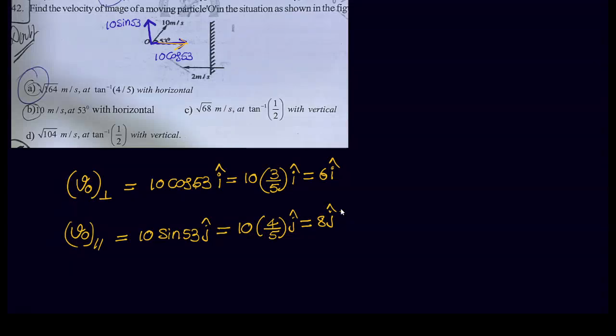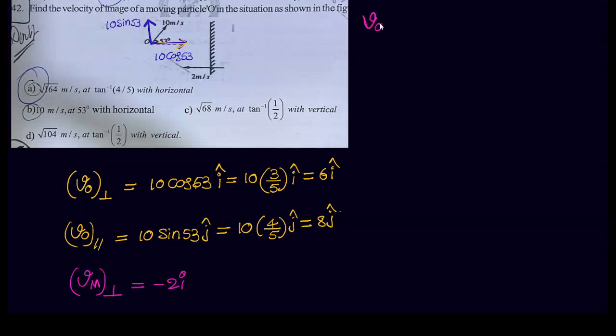Now, we have seen in case of velocity, the velocity of a mirror is also there. Velocity of the mirror in perpendicular direction is given as minus 2 i cap, which is going in the negative x direction.